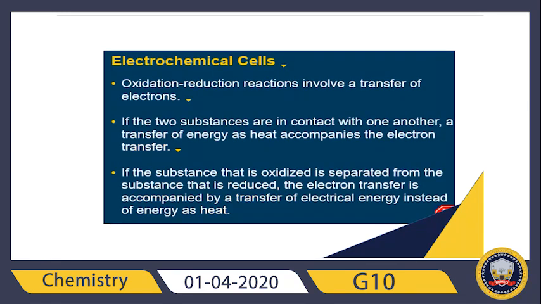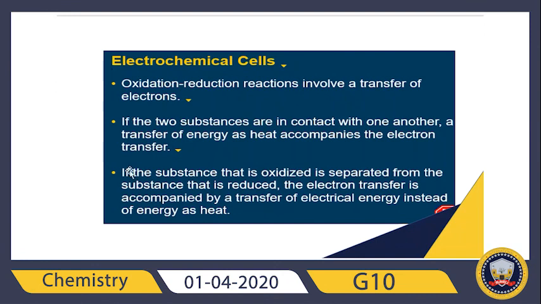So guys, as we said, oxidation reduction reactions involve a transfer of electrons between two different half cells, or half reactions. If the two substances are in contact with one another, a transfer of energy as heat accompanies the electron transfer.